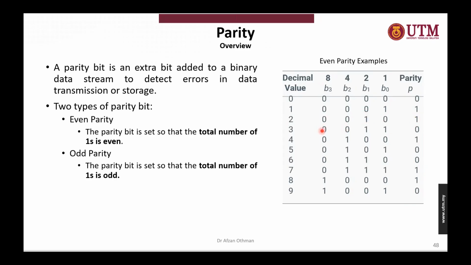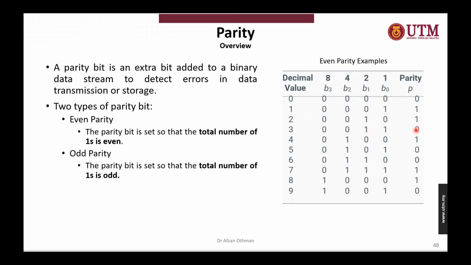For number 3, when you change 3 to binary, the value is 0011. When we count the number of 1s, we have 2, so you already have an even number of ones. That's why the parity is set as 0.